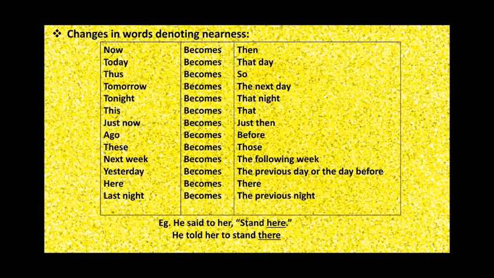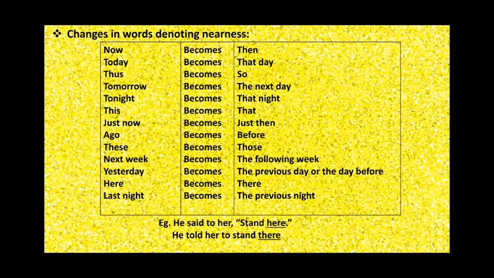Today becomes that day. Thus becomes so. Tomorrow becomes the next day. Tonight becomes that night. This becomes that. Just now becomes just then. Ago becomes before. These becomes those.